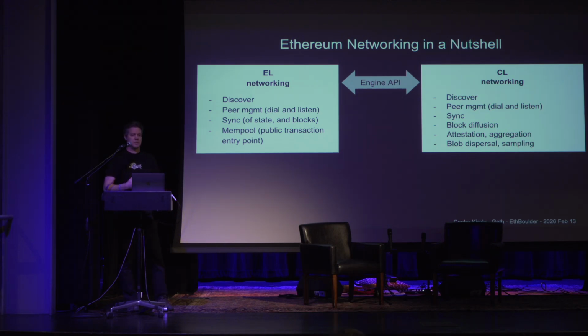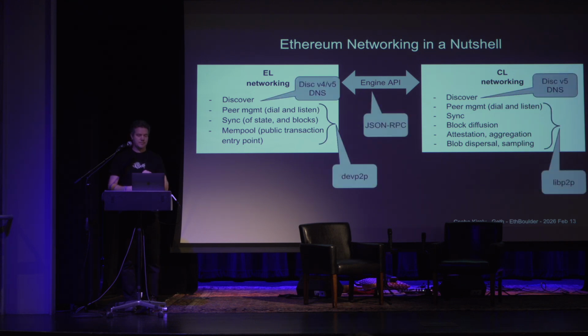Each one has their own peer-to-peer functions: discovery, managing peers, syncing the network, syncing the chain, syncing the state, syncing the blocks. Mempool on the EL side, getting the transactions, and then on the consensus side, discovery, peer management, syncing, diffusing blocks, doing attestations, doing the blob dispersal, and then sampling these blobs now. This is part of the scaling already.